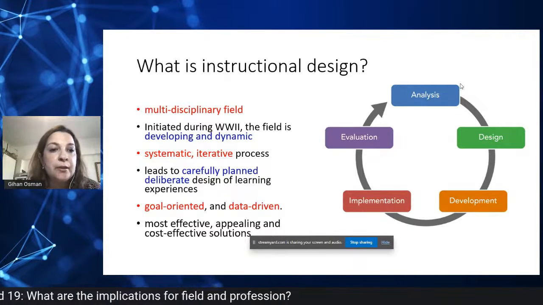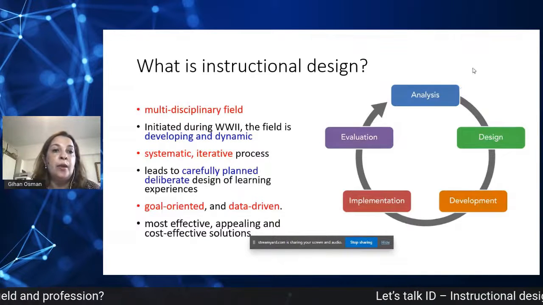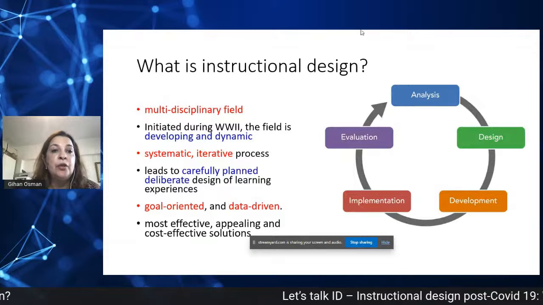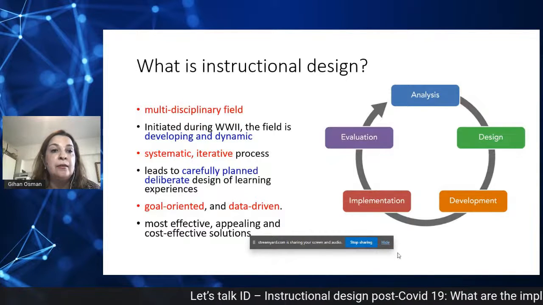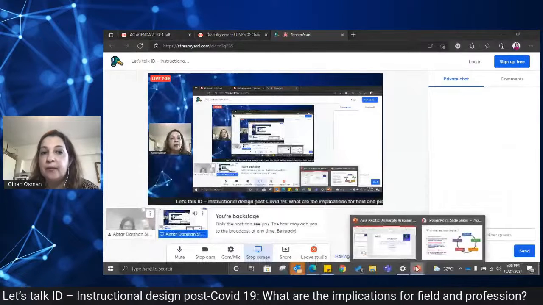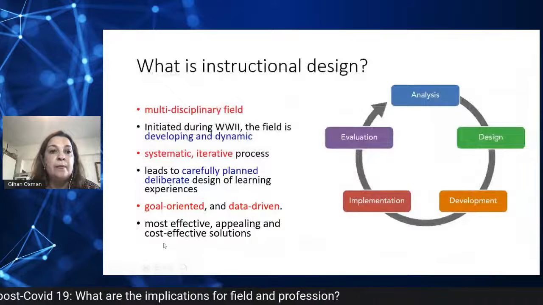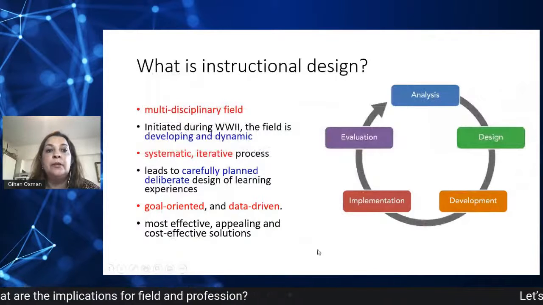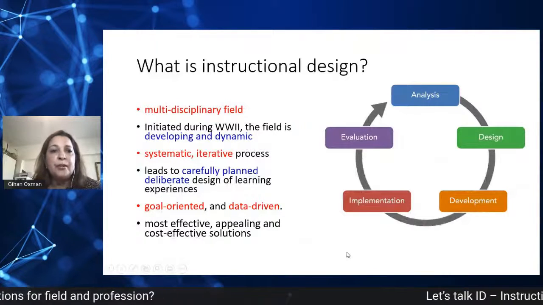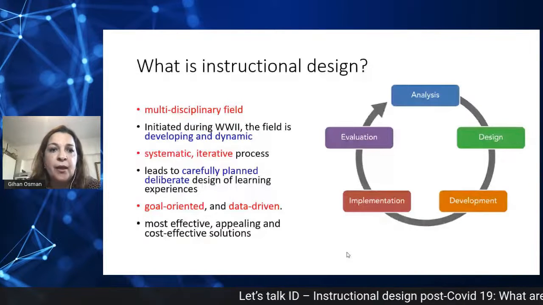And it started with World War II, when there was a dire need to train huge numbers of soldiers on skills in a very short time. So it was addressing scale, time issues, and the idea that it had to be effective.